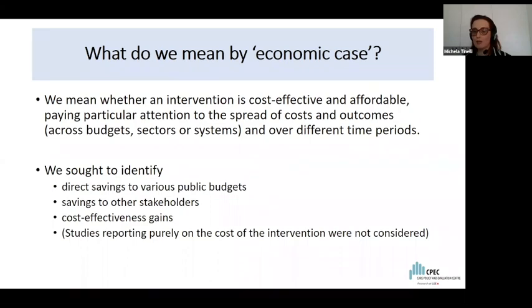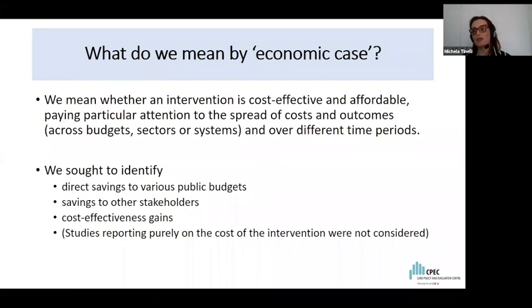We are trying to describe interventions that are cost effective and affordable. And we want to keep an eye on the spread of the costing, or the different breadth of costs and outcomes. And this is what Martin explained to us. We wanted to look at the different budgets and sectors, depending again on what was available to us, and different time periods, looking at short term or longer term if possible.